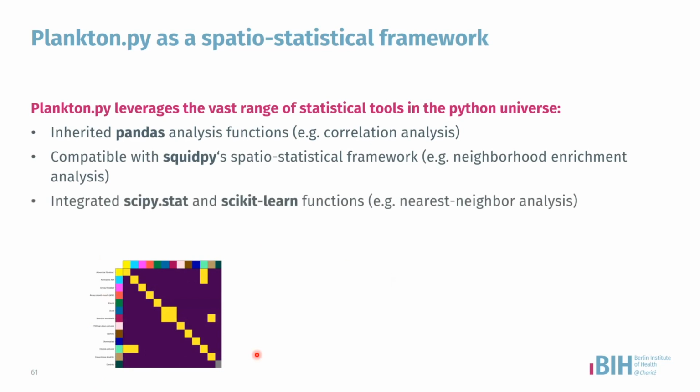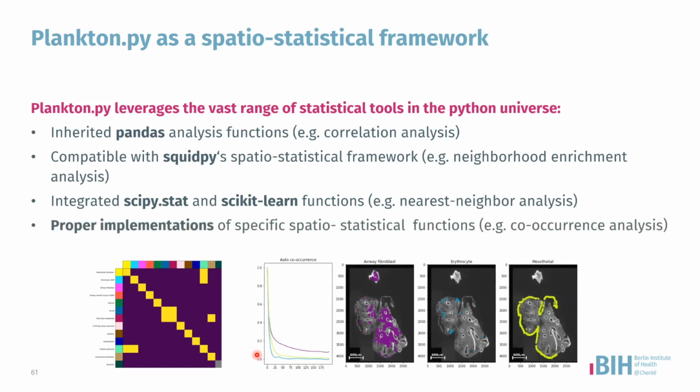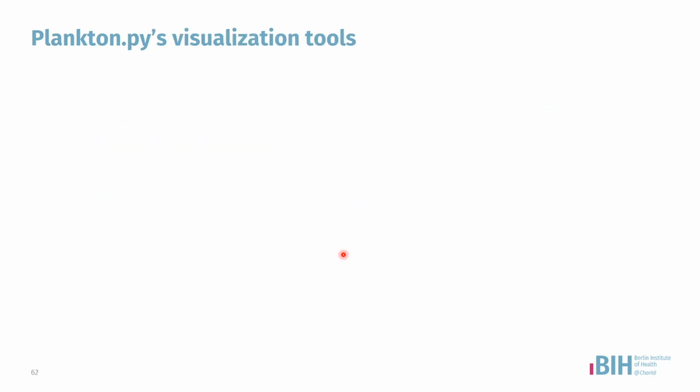It integrates a lot of the SciPy and scikit-learn functionality, so you can do efficient computation and machine learning, such as nearest neighbor analysis. And it has some properly implemented specific spatial statistical functions, such as co-occurrence analysis, as shown in this particular figure here, and you'll learn a bit more about that within the labs.